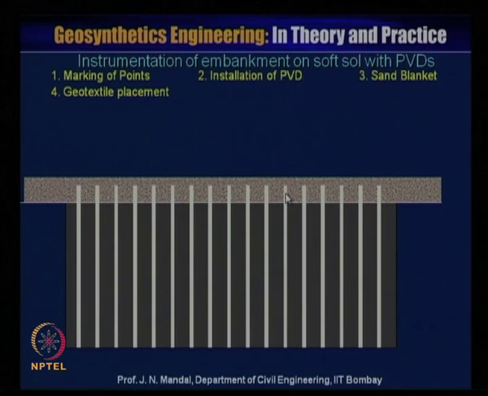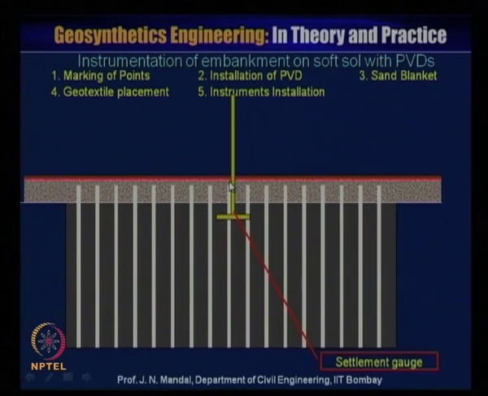Then after this you have to do the instrument installation. Here is the instrument you are providing. This is the settlement gauge, so you can measure the settlement of the embankment.